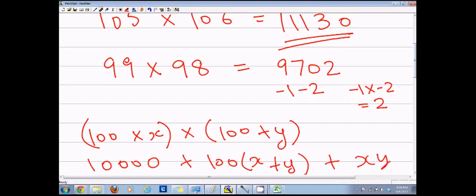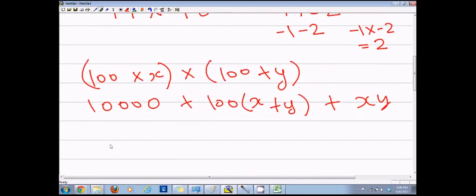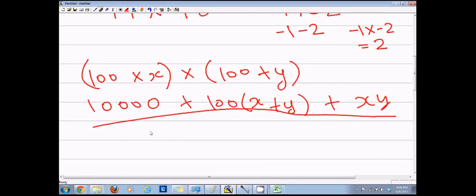So if you look closely at this equation, my trick was very similar to it. I was adding two numbers together and then I was multiplying two numbers together. However, when I add the numbers together, I add them on the hundredth place, and then when I multiply them together, I add them on the first place.